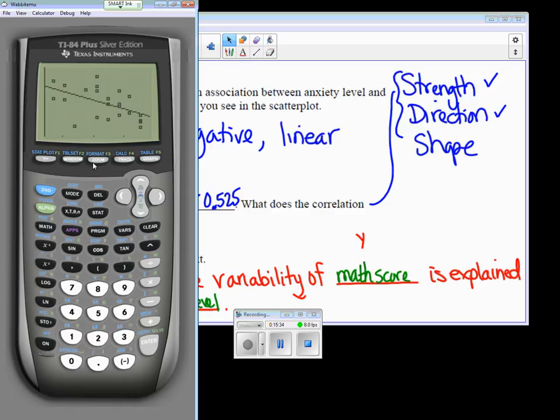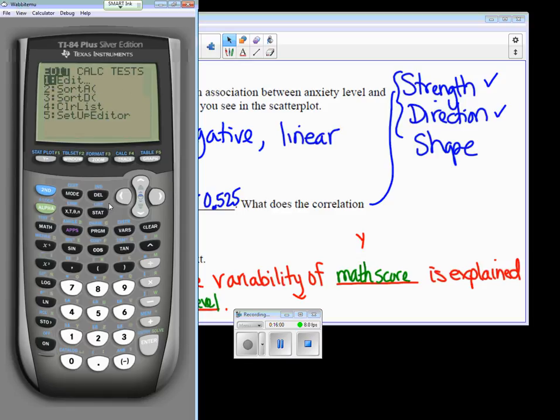Remember what a residual is. It's the difference between this observed value, and then this is the prediction line up here. So it's the difference between the observed and the predicted. This has a very large residual here, wouldn't you agree? Whereas a small residual would be here, because this point is on the line. Small residual, large residual, observed minus predicted.